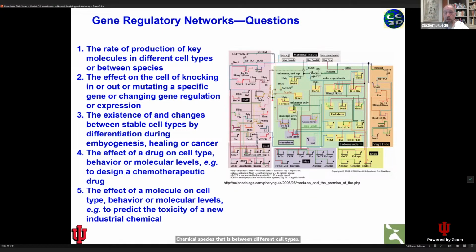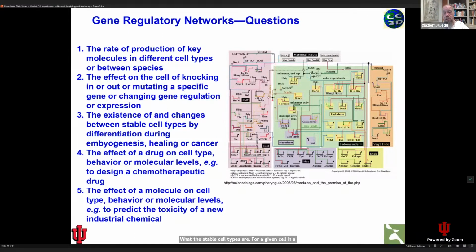What happens to the birth, death, and transitions of a cell as a function of mutating or knocking in or knocking out genes. What the stable cell types are for a given cell in a given situation.